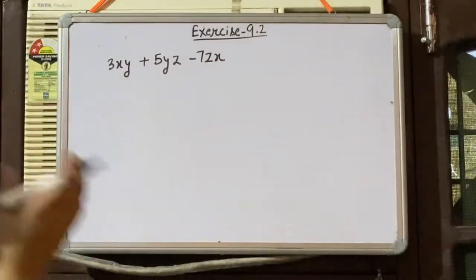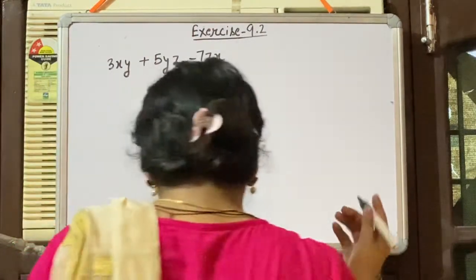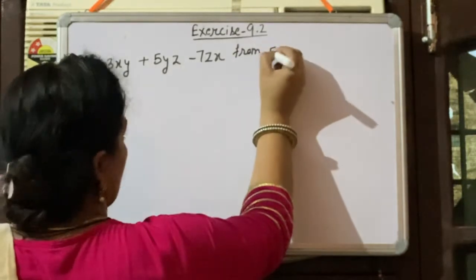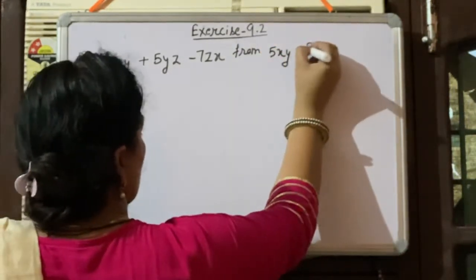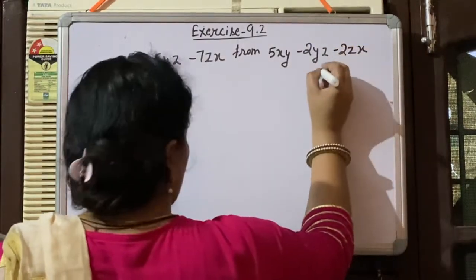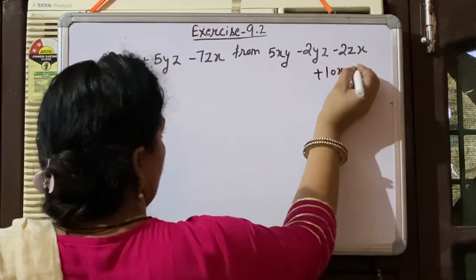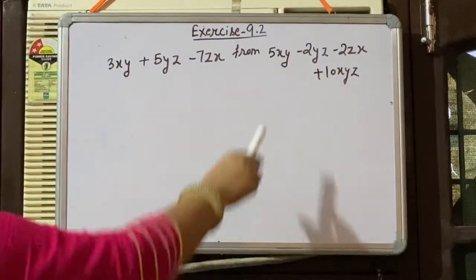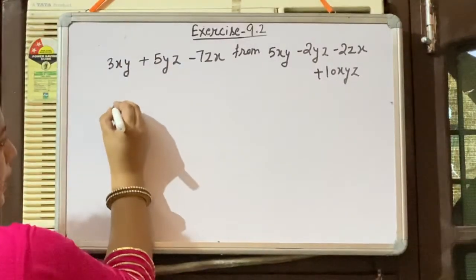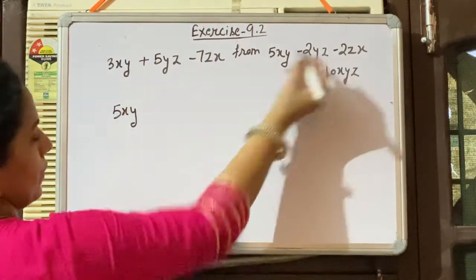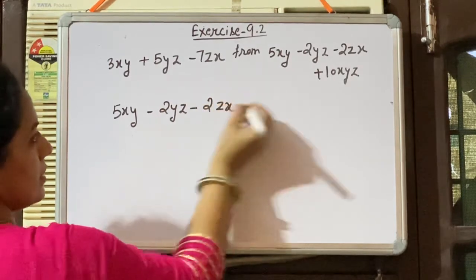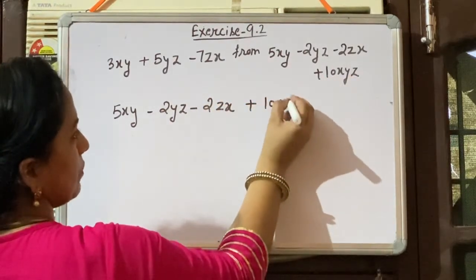We have to subtract this term from the next algebraic expression, which is 5xy minus 2yz minus 2zx plus 10xyz. So first of all, write this algebraic expression in the first row. So our solution will start with 5xy minus 2yz minus 2zx plus 10xyz.